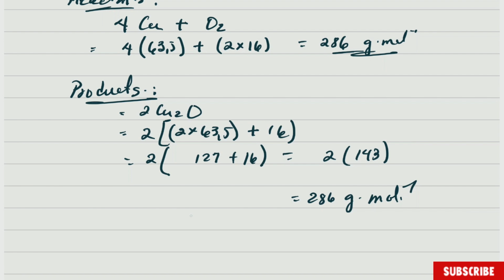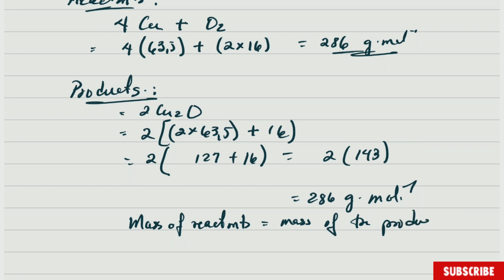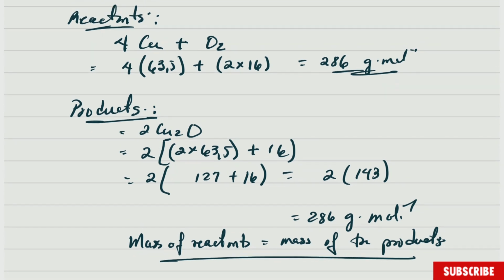The mass of the reactants is equal to the mass of the product. There we go. And that is the final answer of this question. There are 3 marks, one for calculating the mass in the reactant for that substitution, one for this one, and one for the final answer to say that they are equal. Okay, so that is the answer for that question.